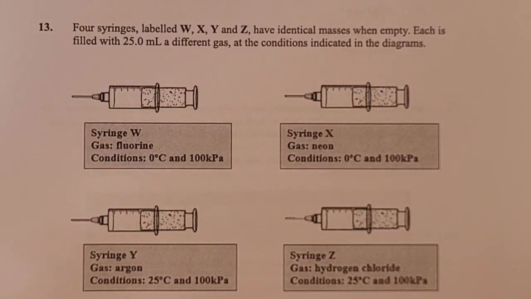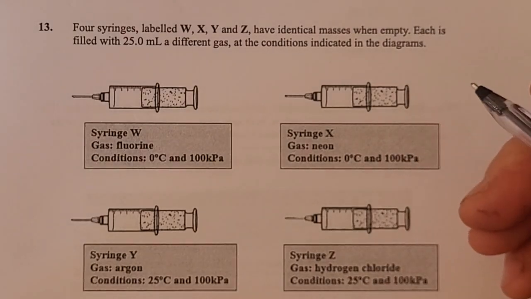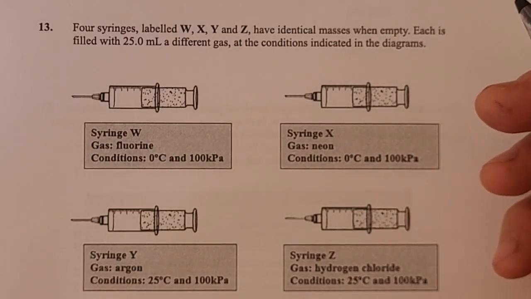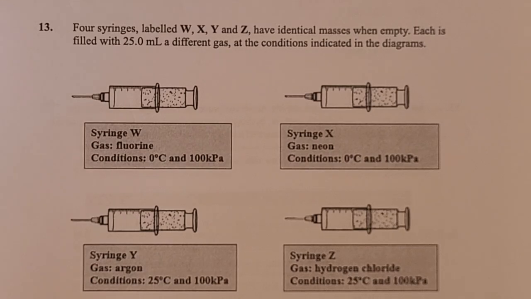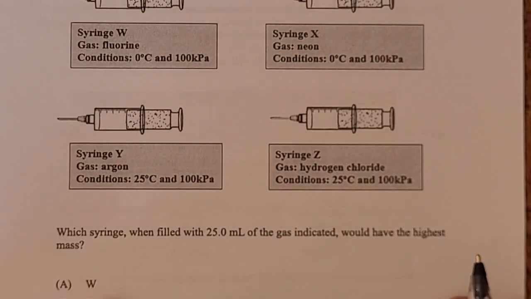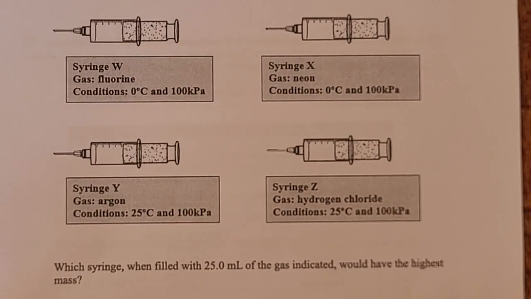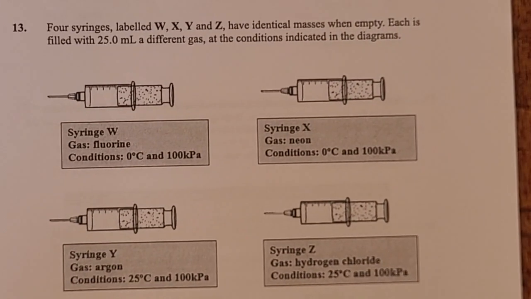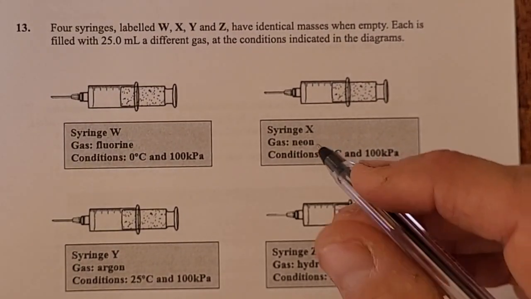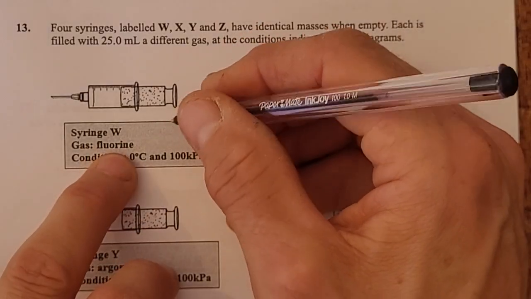4 syringes labeled as such. Okay, so which one has the highest mass of gas? All right, so what we need to do is first, what is the gas here?